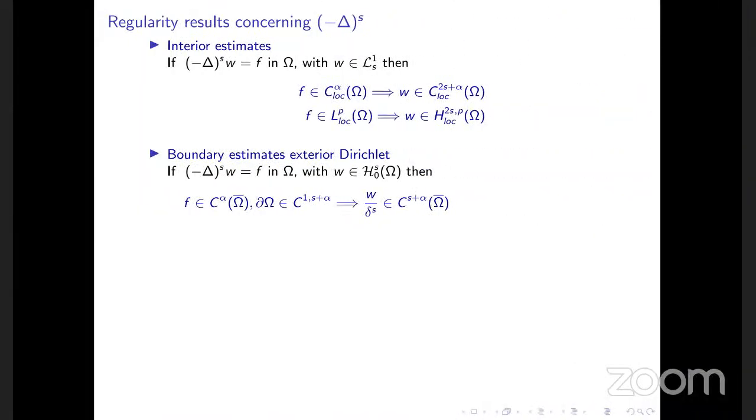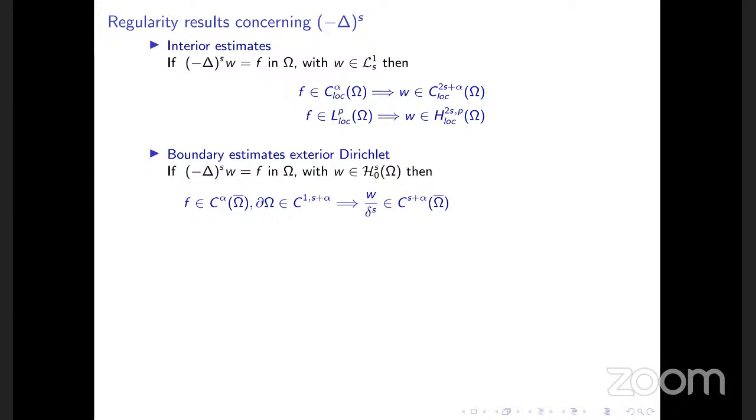What is known with the optimal regularity was recently proved by Abatangelo and Ros-Oton. The optimality is with respect to Omega, of course, because if Omega is smooth this was known from Grubb.